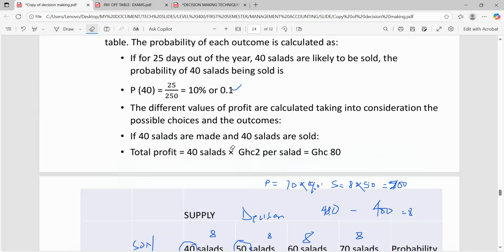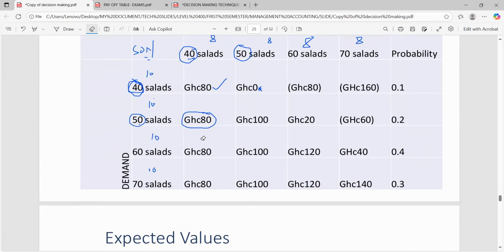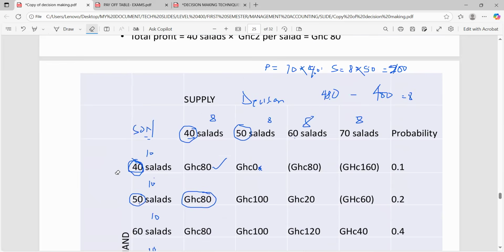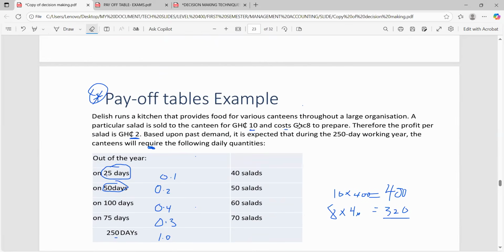So with this, look at how the payoff table is prepared. Supply and demand. Now, if you demand 40, it means that you are willing to pay 10 cedis, and I'm supplying it at 8 cedis. That is the cost at which I made the item. So the cost to prepare it is 8, but the price at which you buy it is 10.